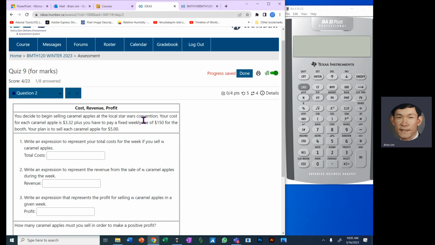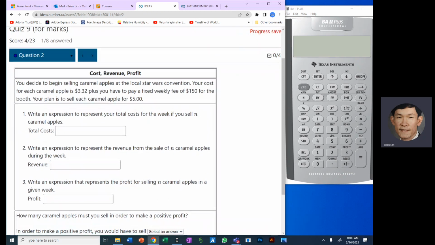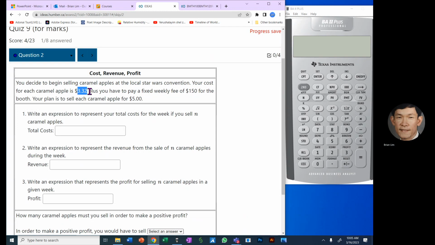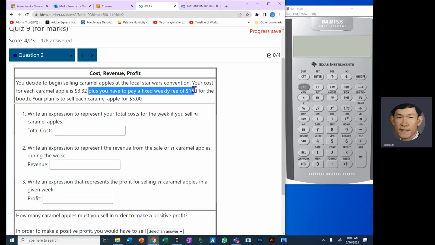This is the question: cost, revenue, profit. You decide to begin selling caramel apples at the local Star Wars convention. Your cost for each caramel apple is $3.32, plus you have to pay a fixed weekly fee of $150 for the booth.